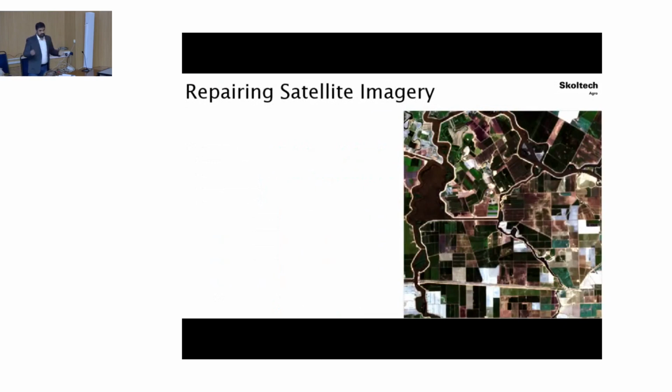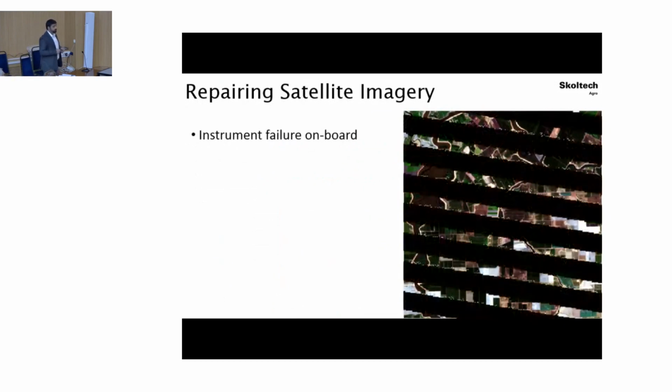Sometimes satellites have problems, sensors on satellites. Right? Could be an instrument failure. Landsat is a major provider of, if you look at Google Maps, most of the imagery that you see as satellite images are provided by Landsat.